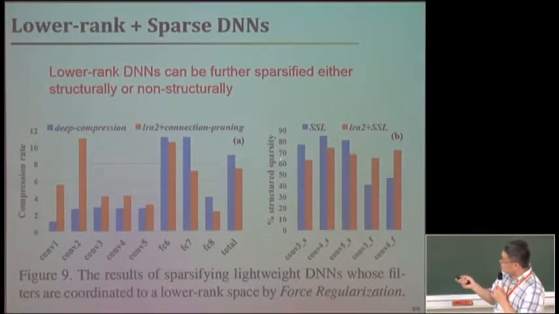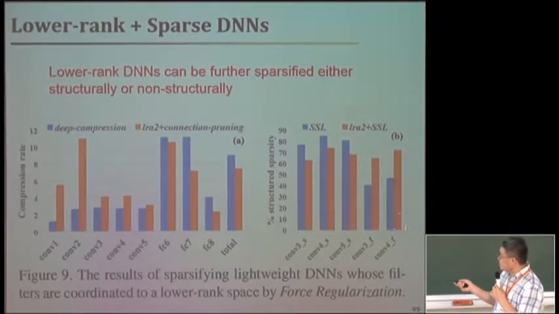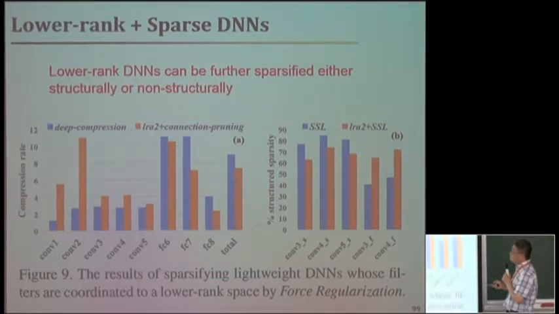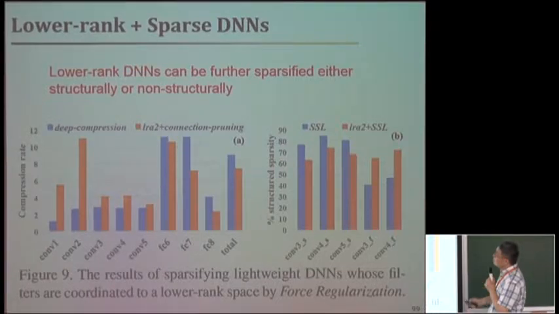Structural sparsity also decreased by the convolution layers and increased by the fully connected layers. So you see the opposite impact on those things.